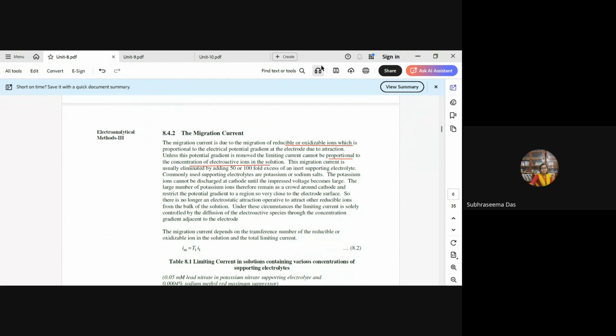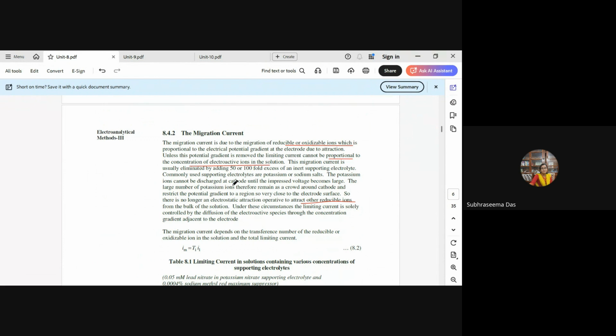The large number of potassium ions therefore remain as a crowd around the electrode surface, so there is no longer an electrostatic attraction operative to attract other reducible ions. Under these circumstances, the limiting current is solely controlled by the diffusion of the electroactive species through the concentration gradient adjacent to the electrode.